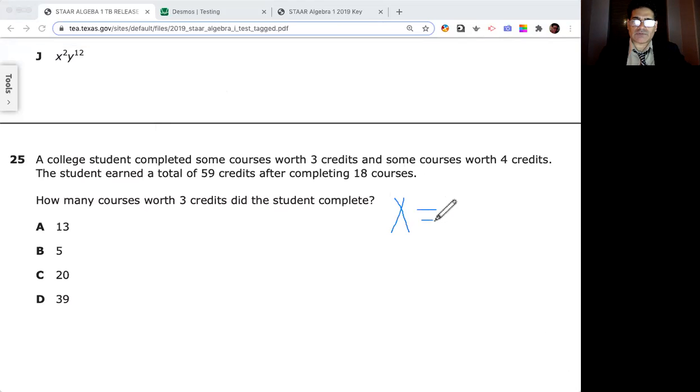What are my two variables? x equals the courses worth 3 credits, and then y equals the courses worth 4 credits. No, wait. I remember the sausage problem, and I started assigning values. Let's say x equals credit.